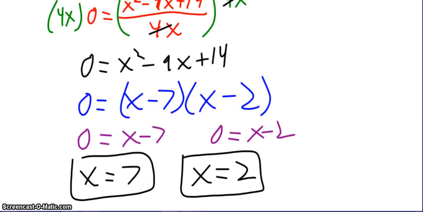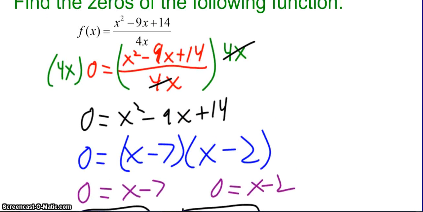Okay, hopefully I did my math correctly and you got x equals 7 and x equals 2 as well. So how do we do that real quick? If you did not get those answers, I set the original function equal to 0. In this case, since it was a rational function, I multiplied both sides by the least common denominator to get rid of the denominator, so I multiplied both sides by 4x, and the denominator goes away. I end up with 0 equals x squared minus 9x plus 14. Factor that, and I get x minus 7 times x minus 2 equals 0.